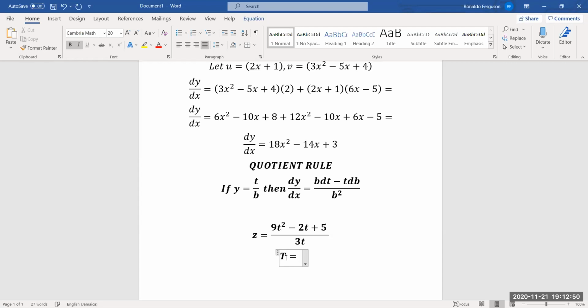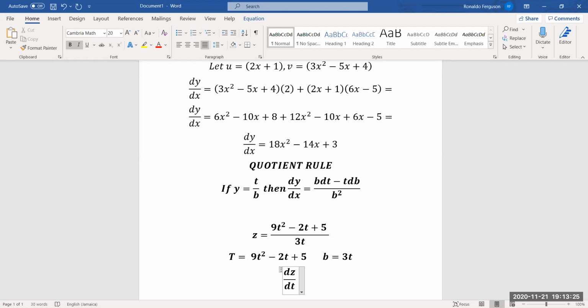What's capital T? 9t squared minus 2t plus 5. Very good. And what is the bottom now? What's B? 3t. Very good. So now what we're trying to find is dz by dt.